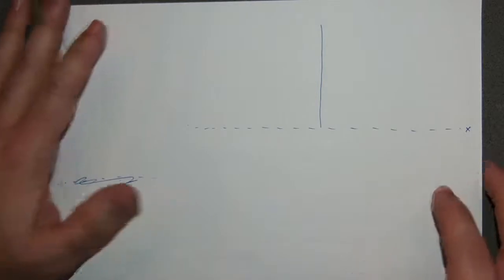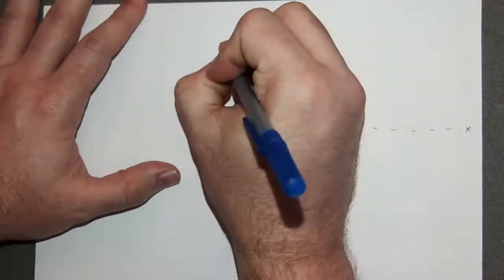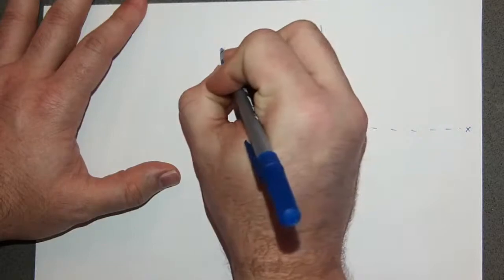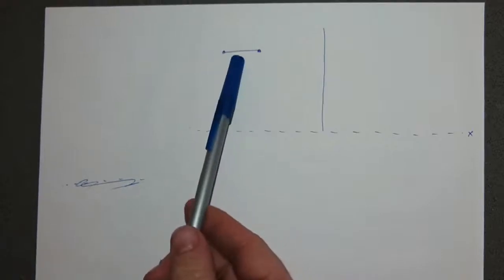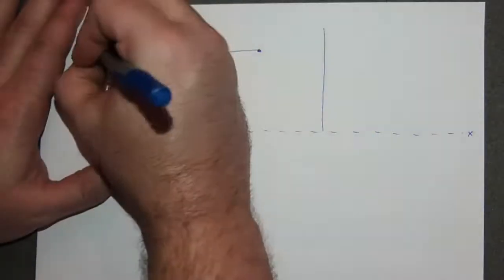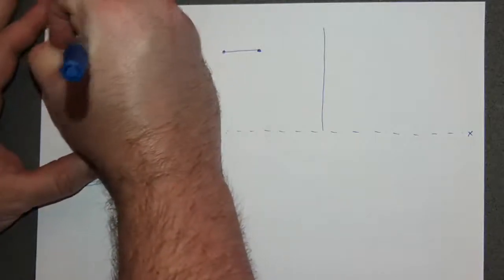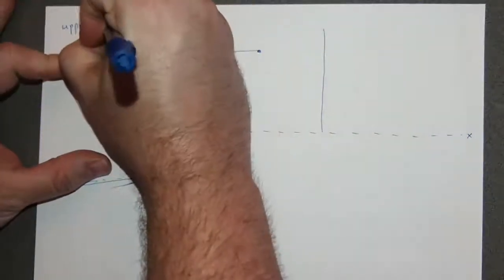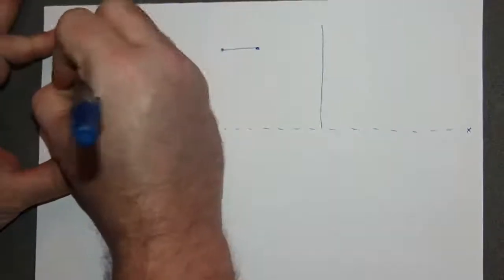And so what is the length? Now I'm not going to get into exactly how this is defined, but I'll give you a couple of examples. If I have a segment here, you might call that a line segment, but this is the upper half plane model of hyperbolic geometry.